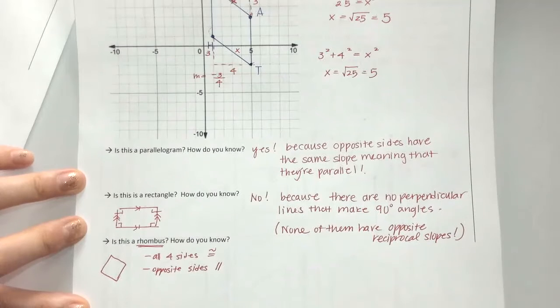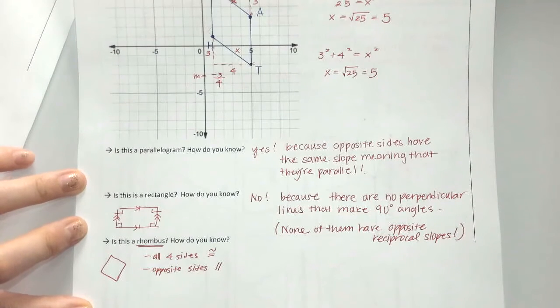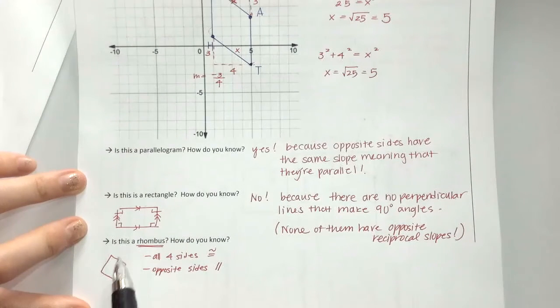And also, they tend to have opposite angles congruent. But that's all we need to know about a rhombus. All four sides the same, opposite sides parallel. They do not necessarily have 90-degree angles.